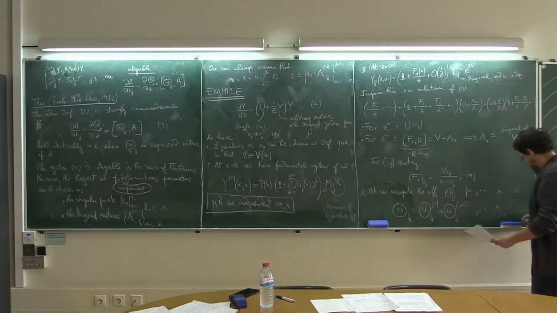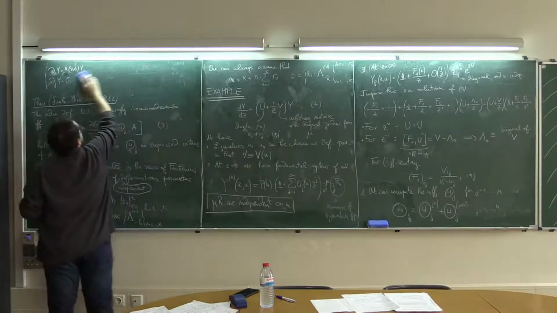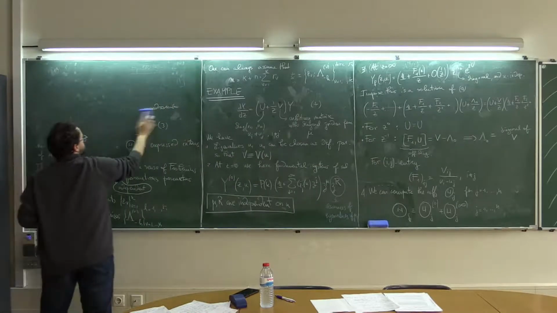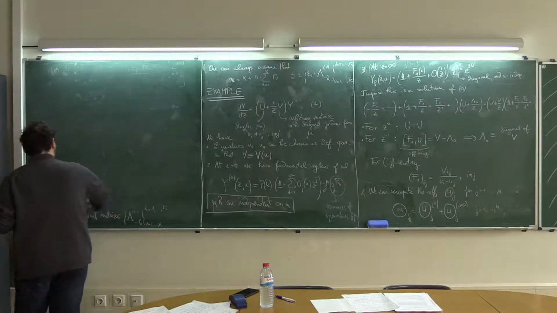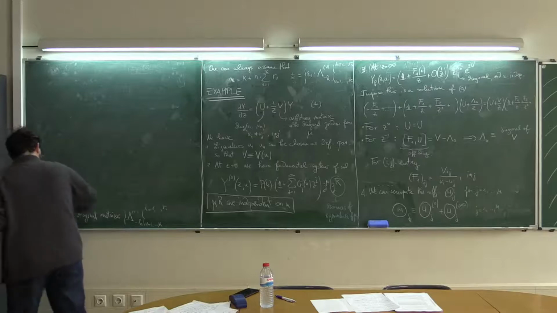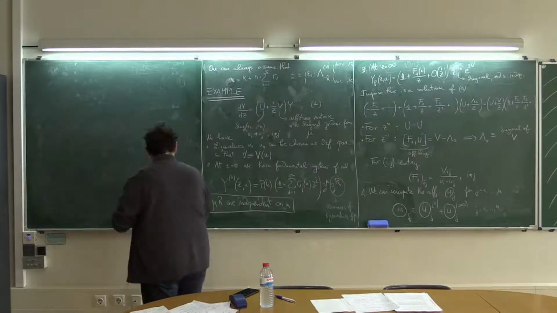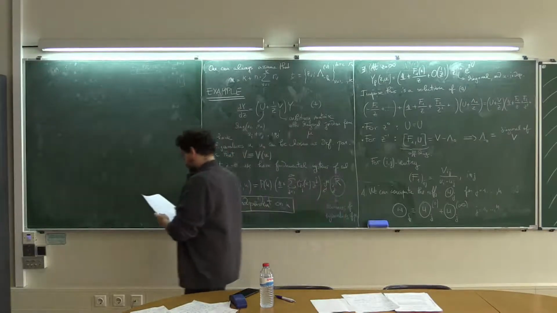And how to compute these contributions? You just take the asymptotic expansions, and you take the singular part.